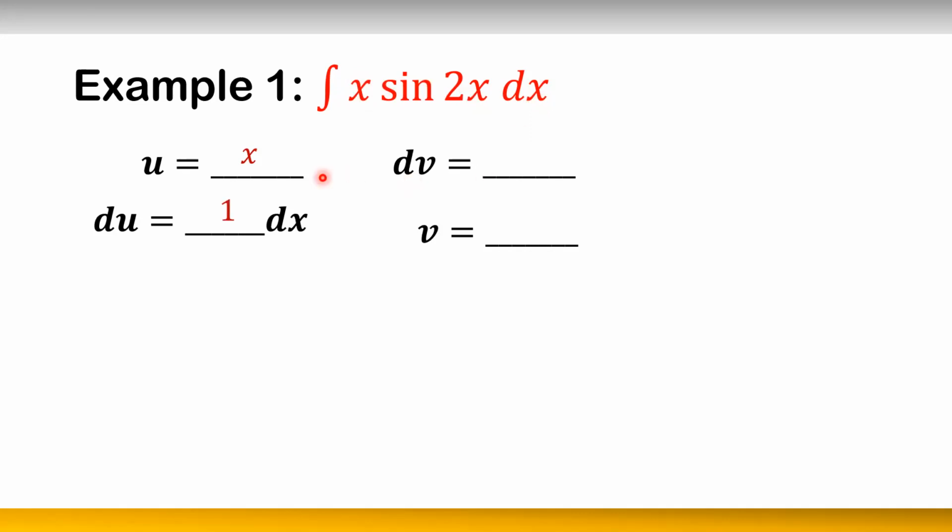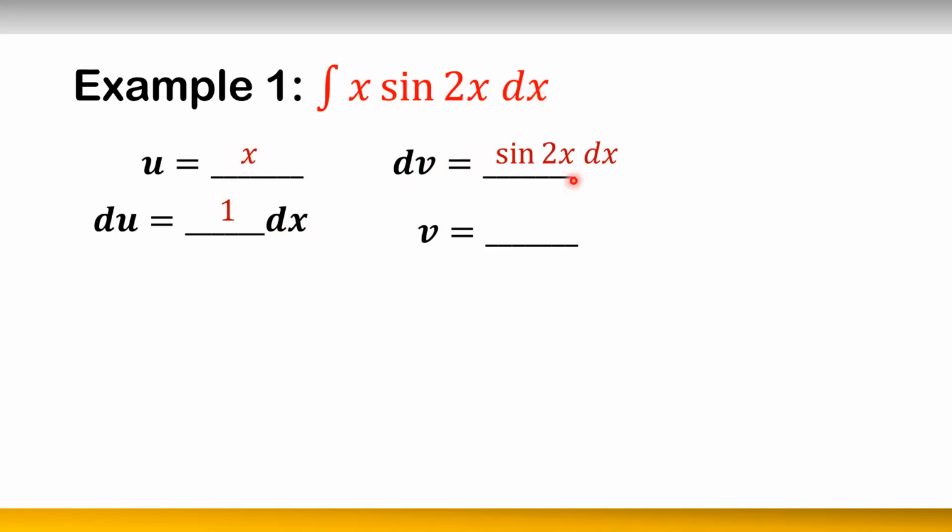Okay? So, anyway, the derivative of this is just 1. Pero don't forget, meron kang du dx to, no? Those are very important. Tapos for the other side naman, automatic, the dv part will be the rest of the function that we did not choose to be our u. Yan, parang pinapakyaw mo. Ito yung u, tapos dito sa dv.